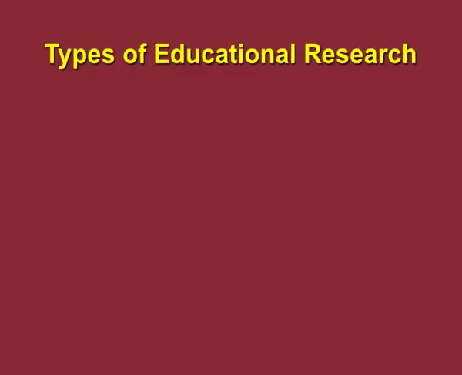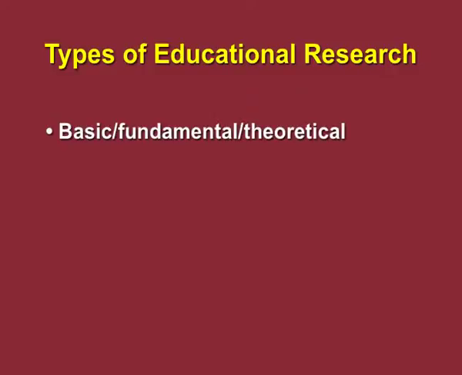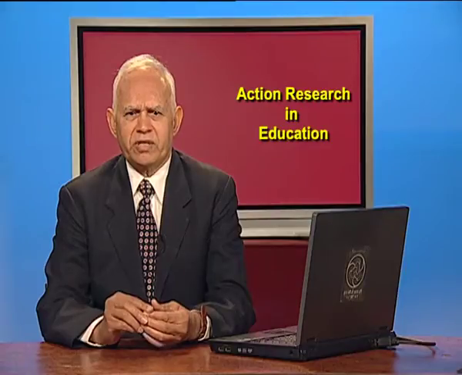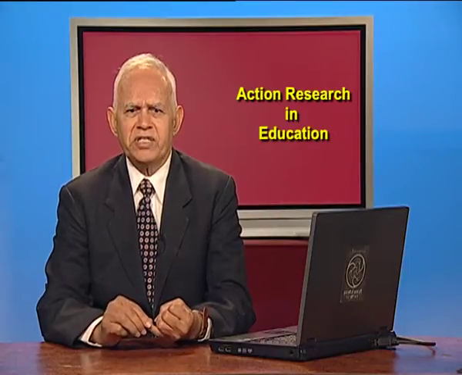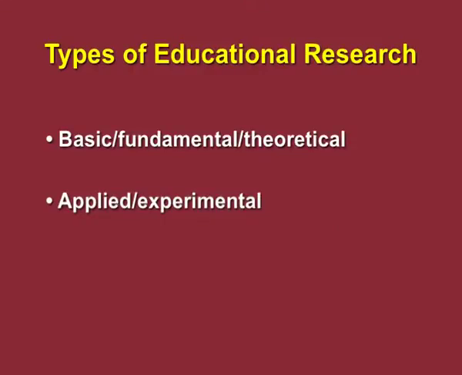Another way is that educational researches can be classified as basic research or fundamental research or theoretical research. All these three words can be used interchangeably. So, this is one type of research. The second type is applied research or experimental research.